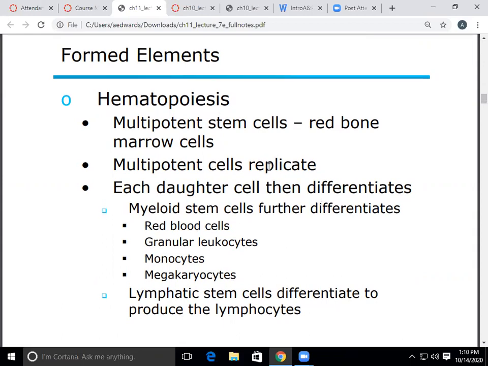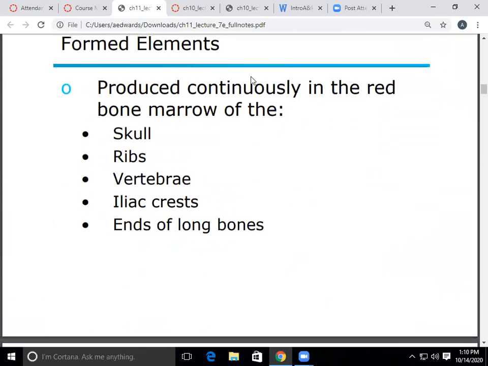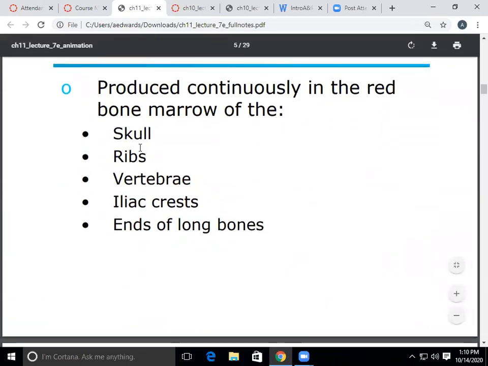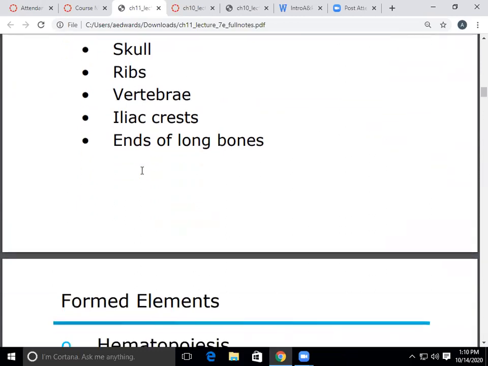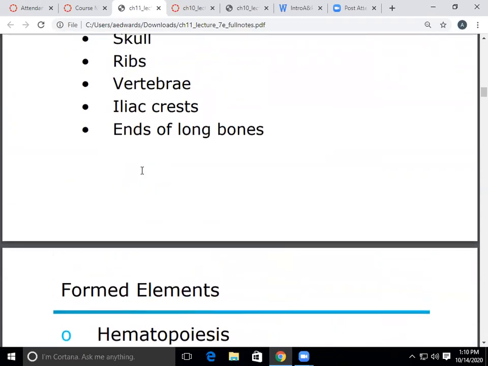And then just related to what we just talked about, if you're trying to look for red bone marrow, if you wanted to know where these formed elements were, these are places where you would go to get more of that. But here we're talking ends of long bones.